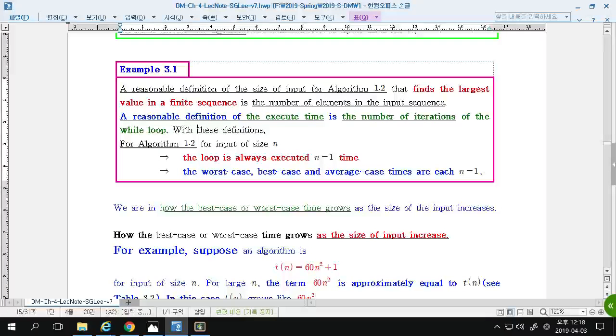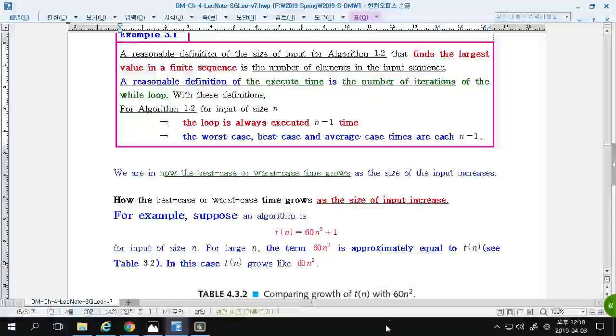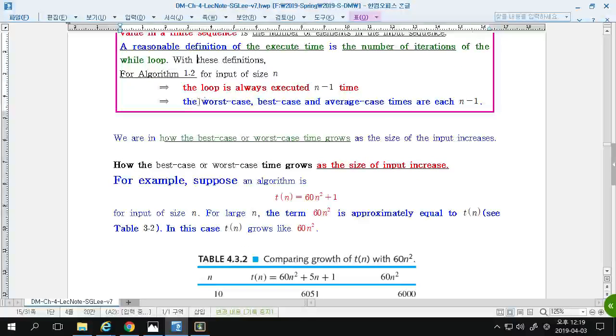We have n numbers, we compare one at a time, so we need n-1 executions. So the worst case, best case and average case times are each n-1 in all cases. There's nothing bigger or smaller to check.